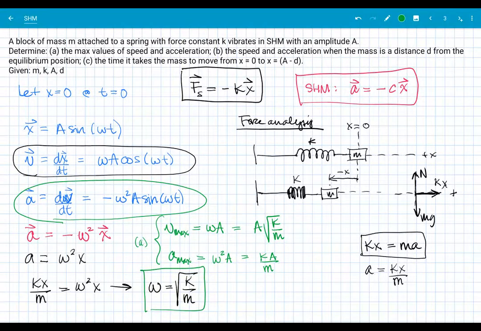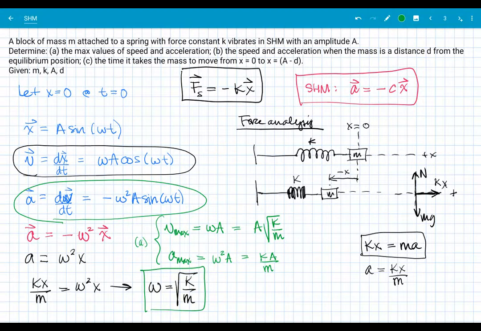And then I'm interested in the values of those things when x is equal to d. So you might say, well, if I look at this, how can I have this speed, or velocity in this case, I have the hat on it, but it is only with respect to time, right? I don't have it with respect to position. So it's true that you do need to find the time at which x is equal to d.